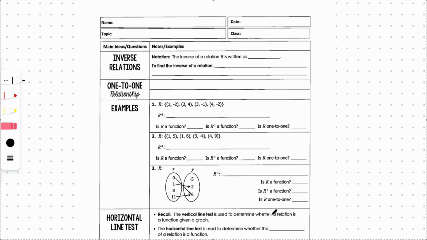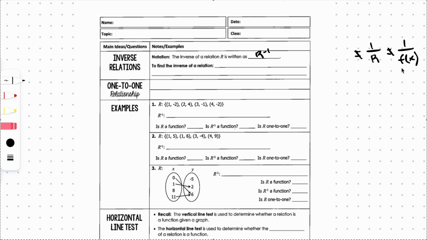Let's start off by talking about some notation. The inverse of a relation R is written as R to the negative first. This is what you write it as. We have a superscript -1, but an inverse of the relationship R is not equal to 1 over R, or 1 over f of x.